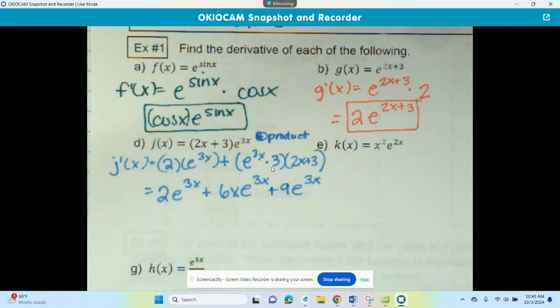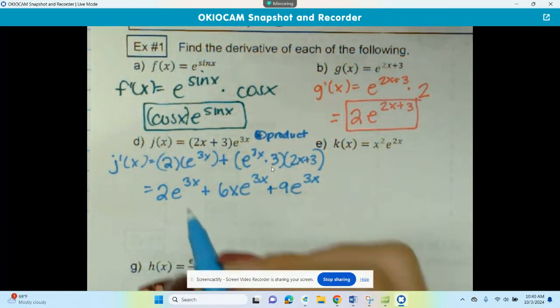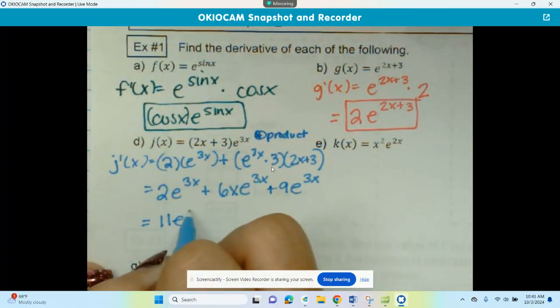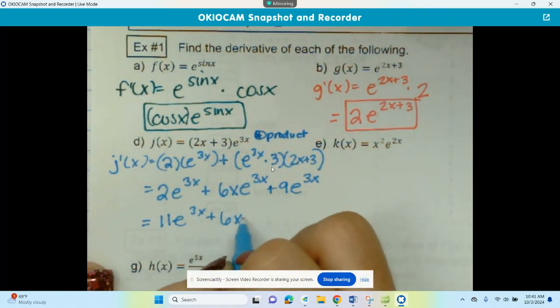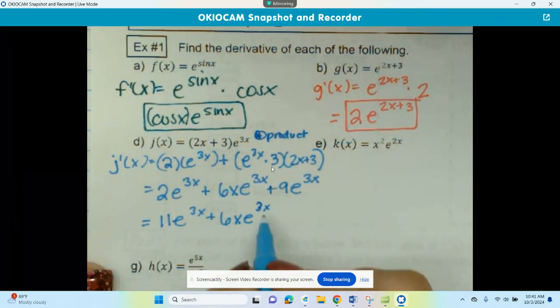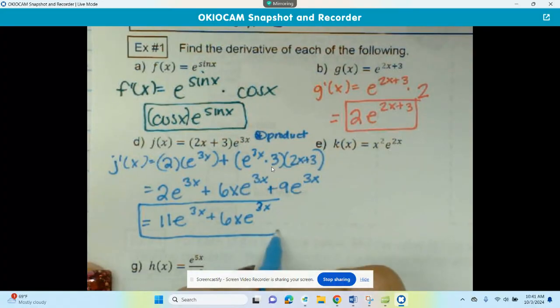All right, so which one of those can we combine? 2 and 9. So our answer is going to be 11e to the 3x plus 6x e to the 3x.